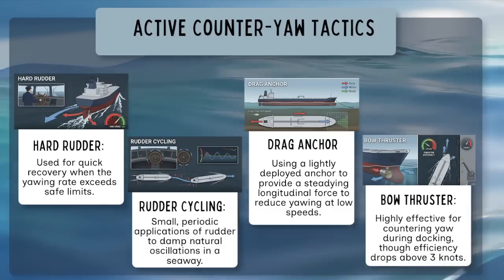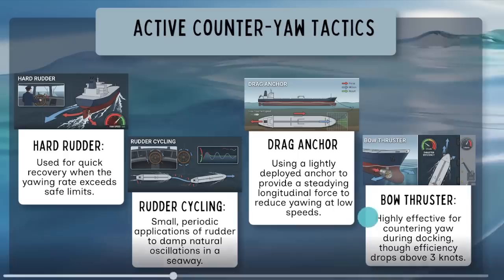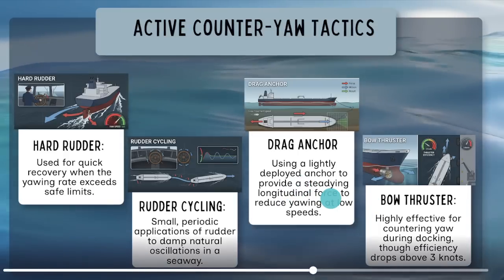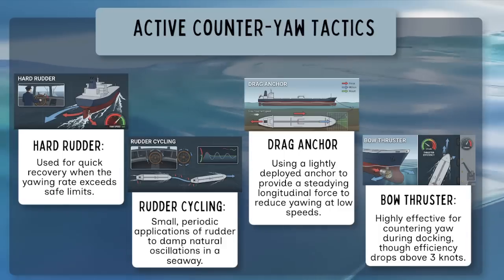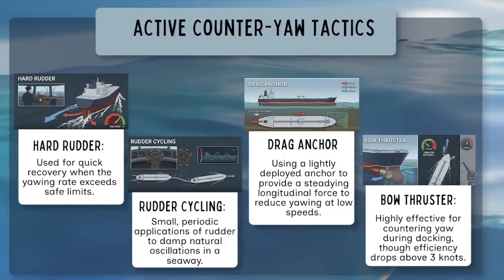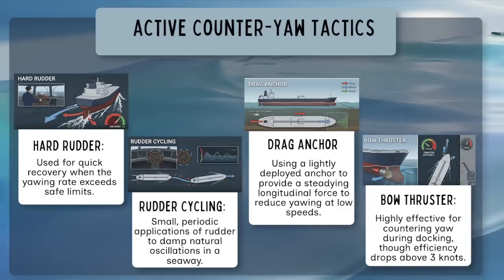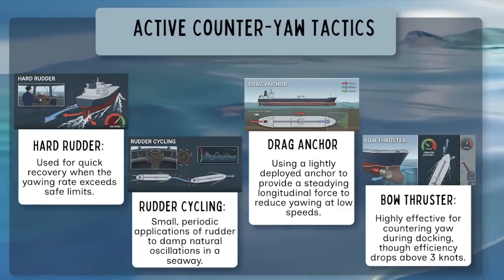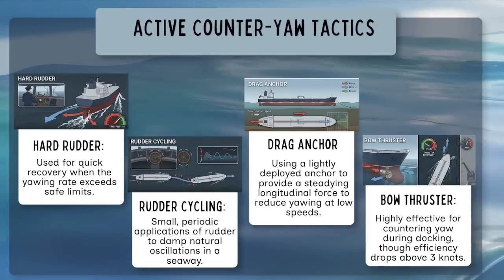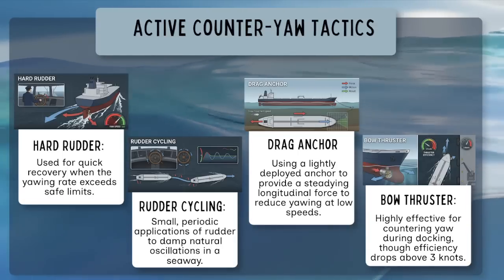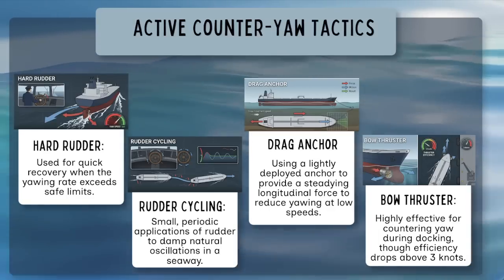And then we have the drag anchor, using a lightly deployed anchor to provide a steadying longitudinal force to reduce yawing at low speed. And then we have the bow thruster, highly effective for countering yaw during docking, though efficiency drops above 3 knots.